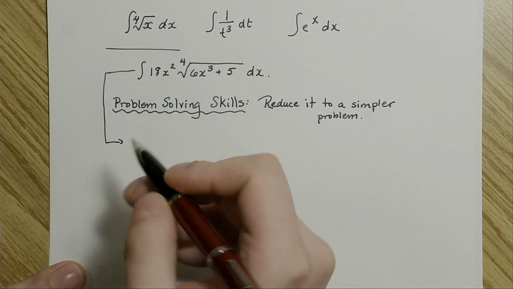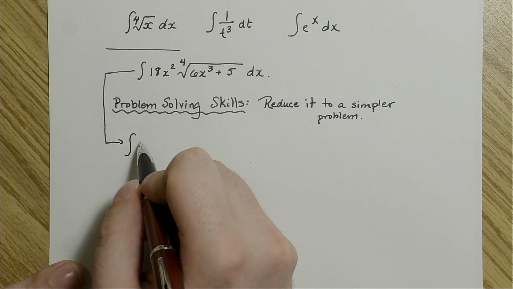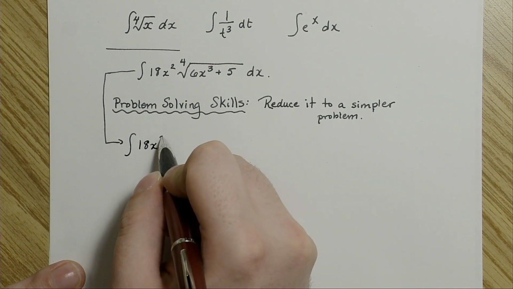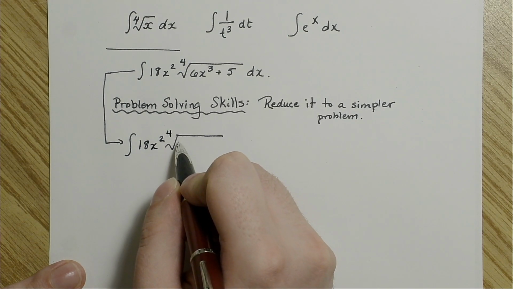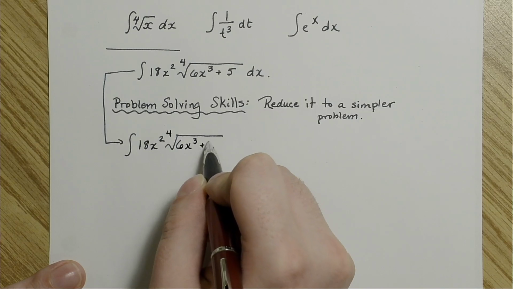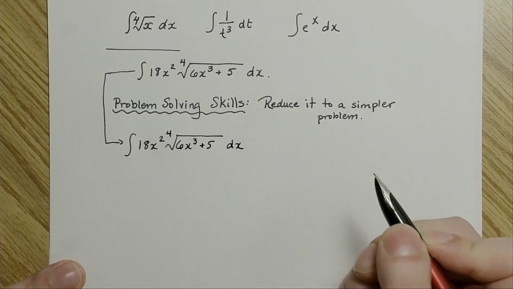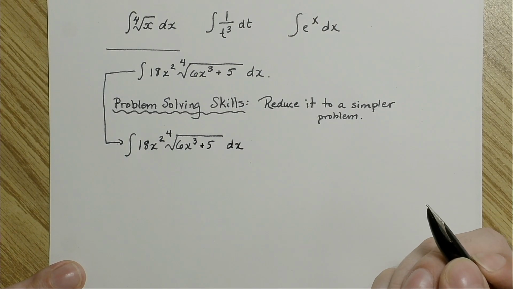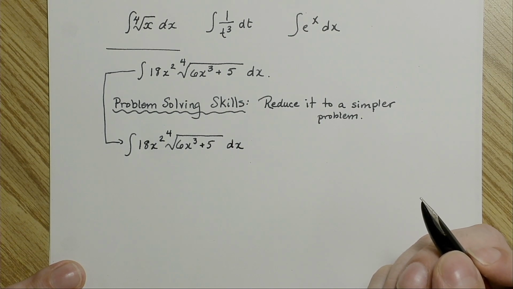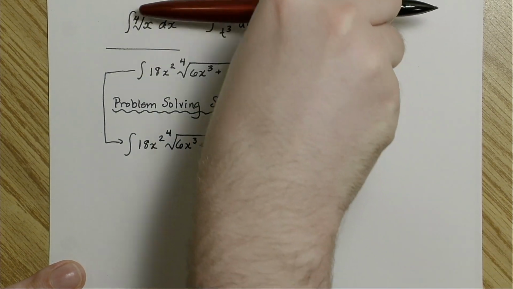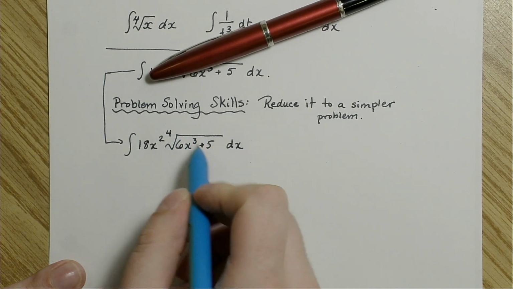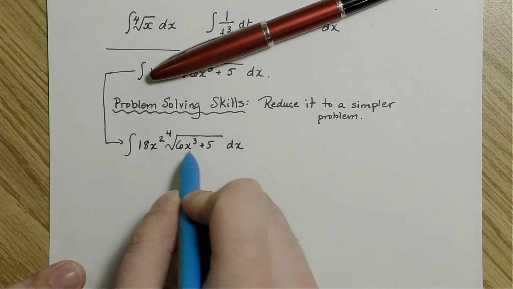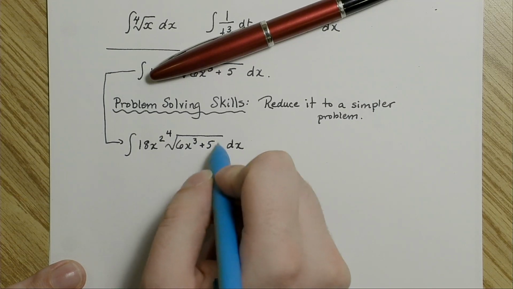So, I have the integral of 18x squared times the fourth root of 6x cubed plus 5 dx. And you're like, how can we make that simpler? This fourth root is probably the most complex thing inside here.